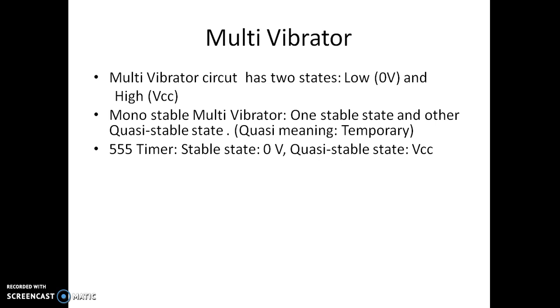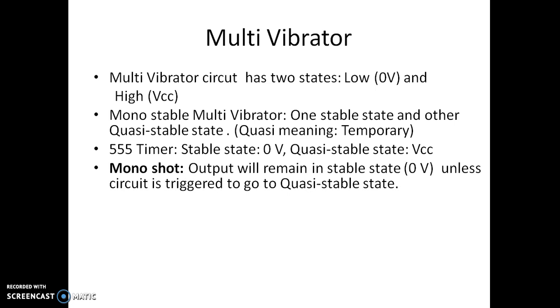Now the 555 timer monostable multivibrator has the stable state as 0 volt and the quasi-stable state as plus VCC. Here is how it works: the output will remain in the stable state of 0 volt unless the circuit is triggered to go to the quasi-stable state.